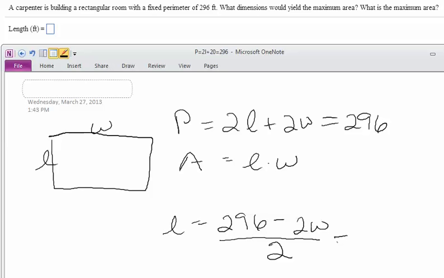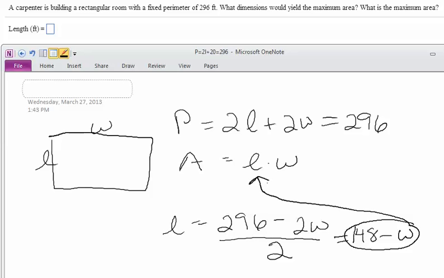And so I can actually simplify that. 2 goes into 296, that would be 148 minus 2W divided by 2 is just W. Okay, so this value, 148 minus W, will be what I will replace in for the length in the area equation.